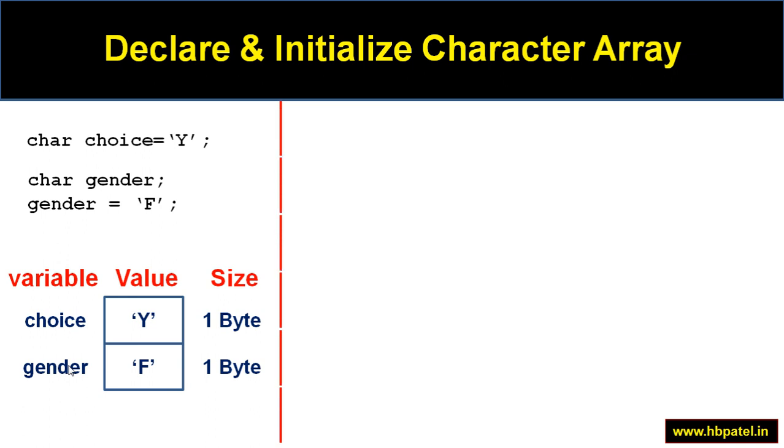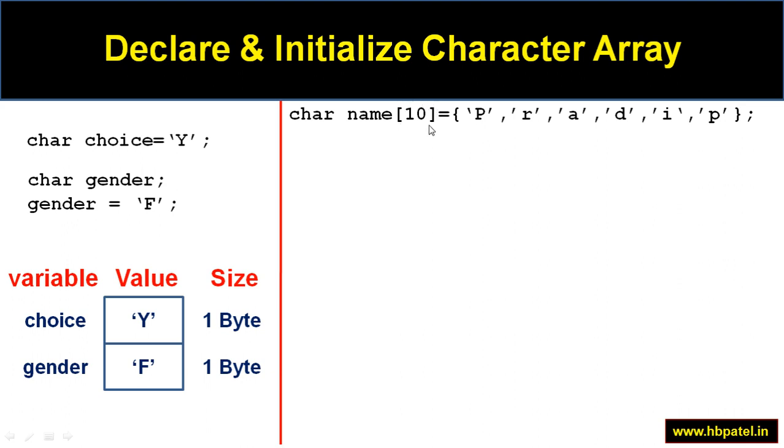Now let us see how we make use of multiple characters. For multiple characters, we will be using a character array. Over here we have an array of 10 elements.